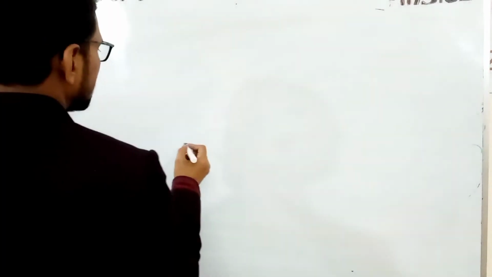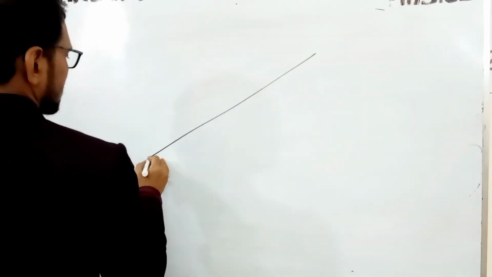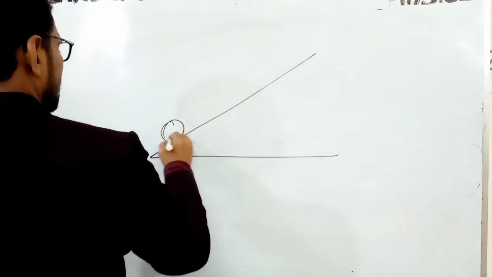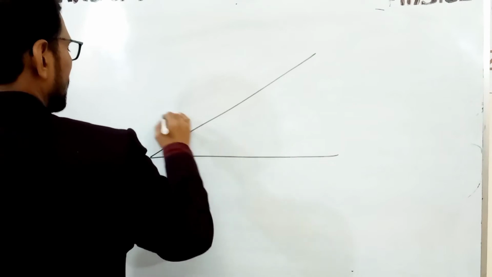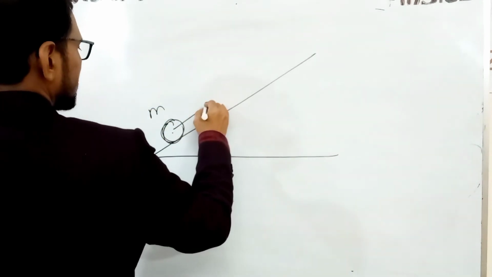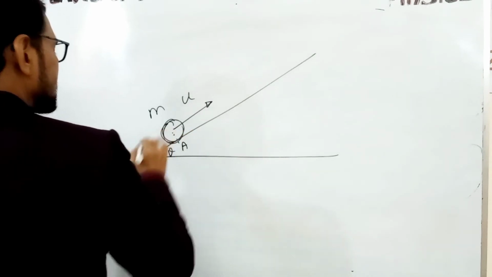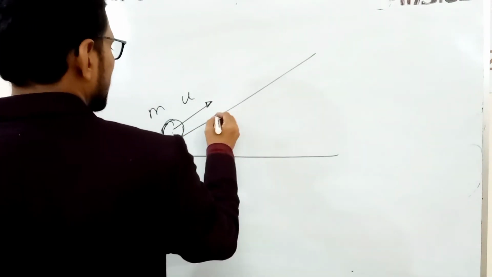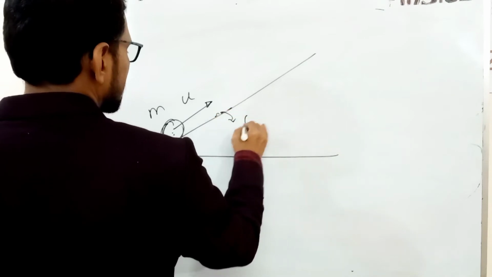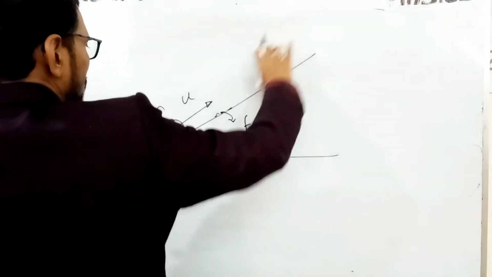Now next question. Suppose a ball of mass m is projected with velocity u from this point A, the angle of inclination is theta. Now the coefficient of friction is f. The body is projected upward.